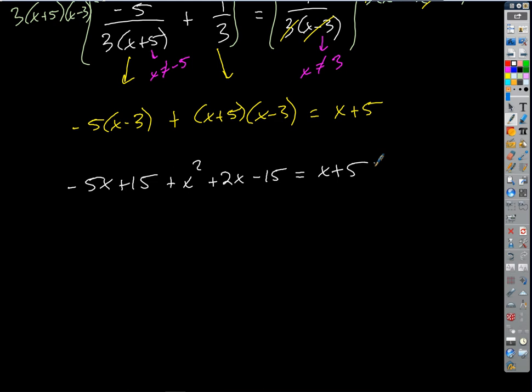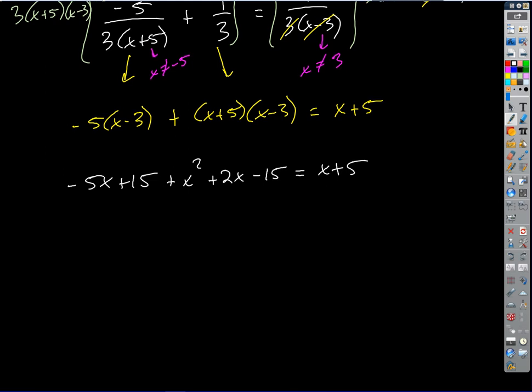What do we need to do with this? We've got to put it in standard form, right? Put it all on the left side so we get a positive number of x squareds. We get some good cancellation, don't we? The 15s cancel. We end up with x squared minus 5x plus 2x is minus 3x. I'll subtract another one, so we get a minus 4x, and then just a minus 5.